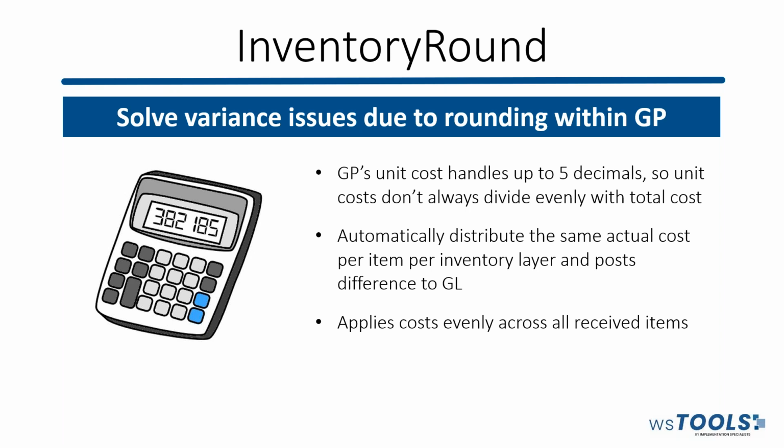But what this tool does is take care of that penny difference up front, so that you really have 3 items at $33.33, versus 2 at $33.33 and 1 at $33.34. It gives them all that same dollar amount. So that's what inventory round's all about.